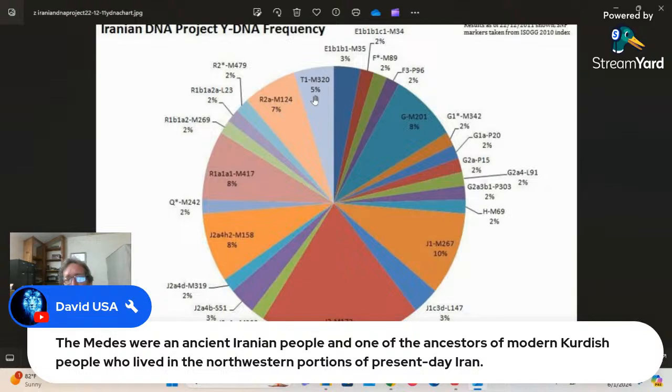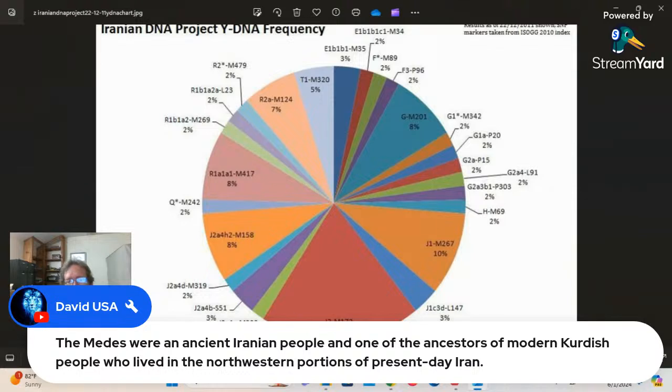But again, that's not that far out of the way from the other descendants of Javan, which are Elisha, Dodanim, and Kittim, plus the fact that they may have accompanied the Jewish population as well. But look at the amount of J2.